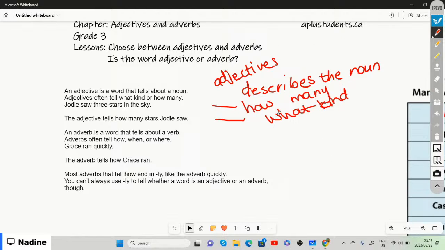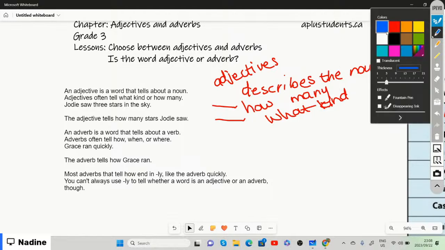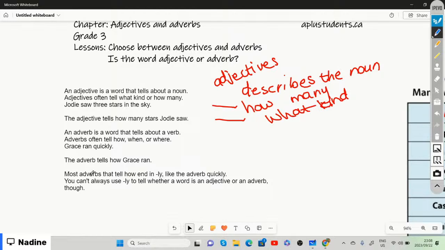Also, what kind? Adjectives also tell us what kind. For example, the girl has a beautiful dress.